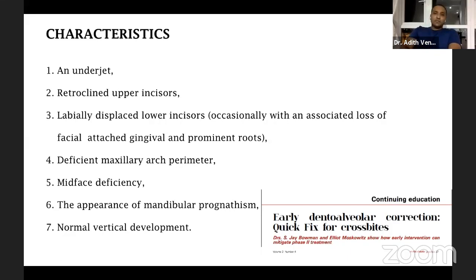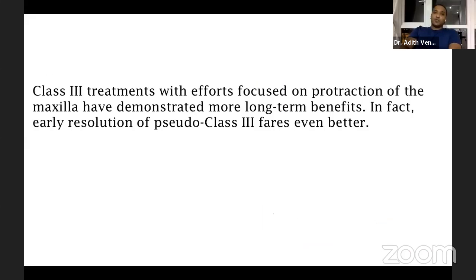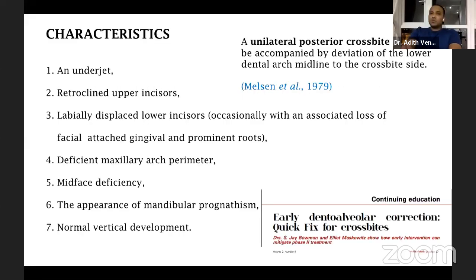Now, unilateral posterior crossbite is definitely one of the most important diagnostic features, especially when it comes to a pseudo class 3, because of the functional shift or the glide of the mandible towards one side or the other.